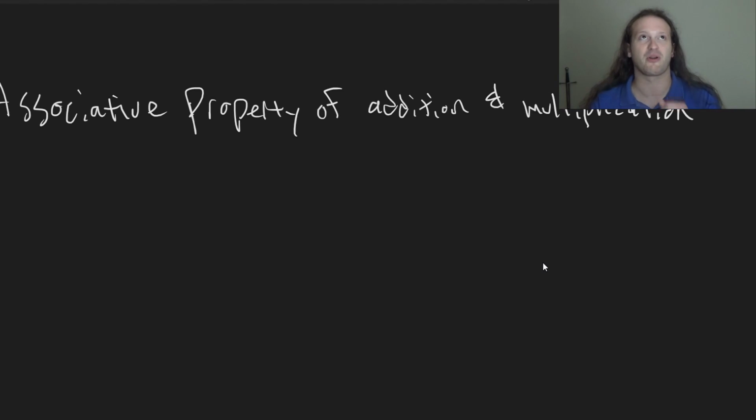What is the associative property? Well, this is where the parentheses start coming in. Like parentheses, obviously there's an order to it, but sometimes that order doesn't matter, and this is what the associative property says.